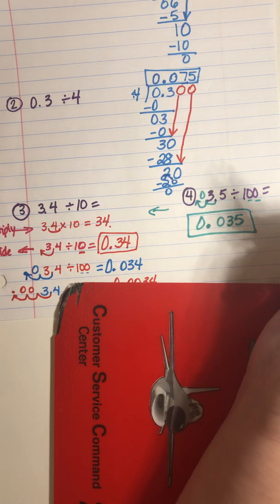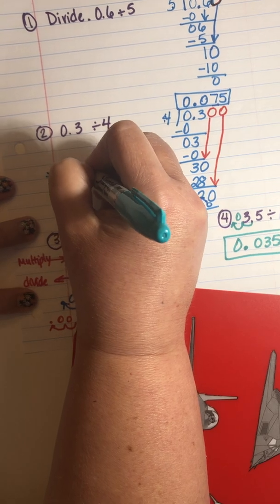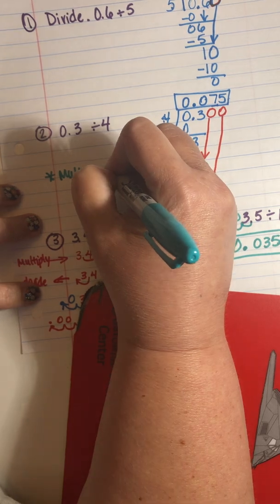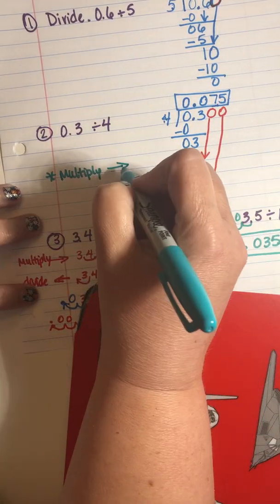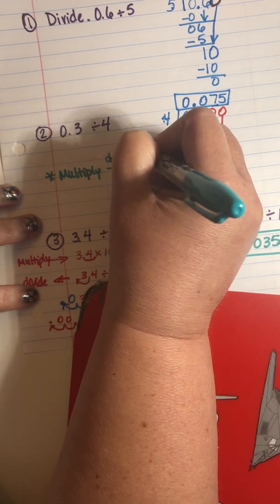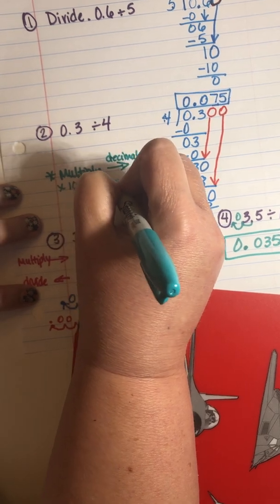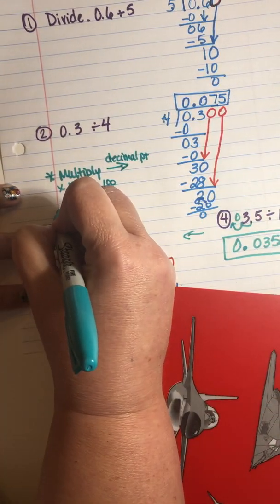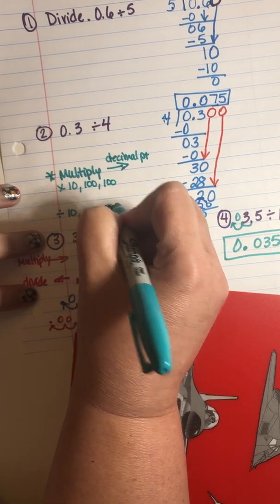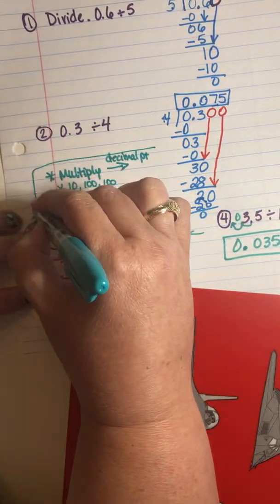When we multiply, this is what you need to remember. When we multiply by 10, 100, and 1,000, your decimal point goes to the right. And when you divide by 10, 100, 1,000, that's as far as we're going for now, your decimal point goes to the left.